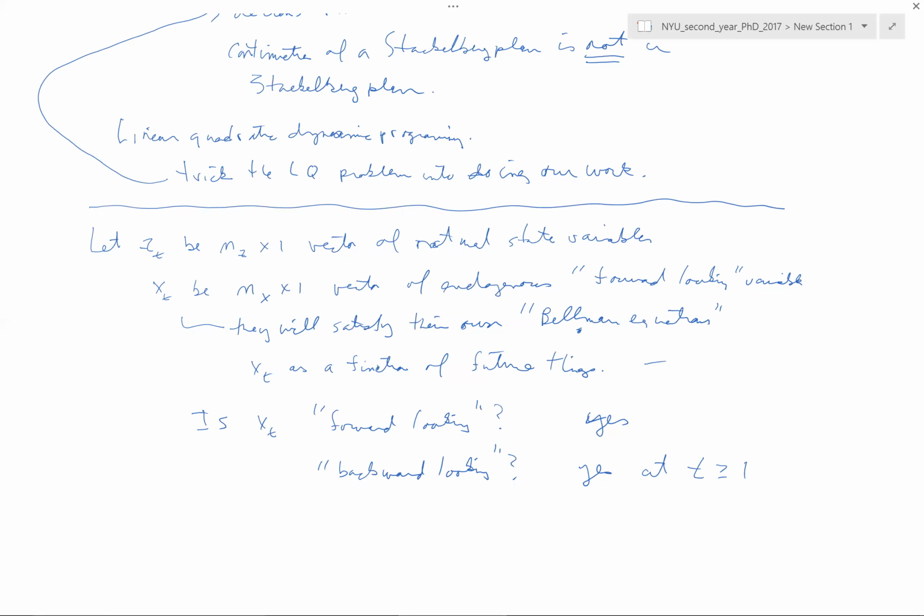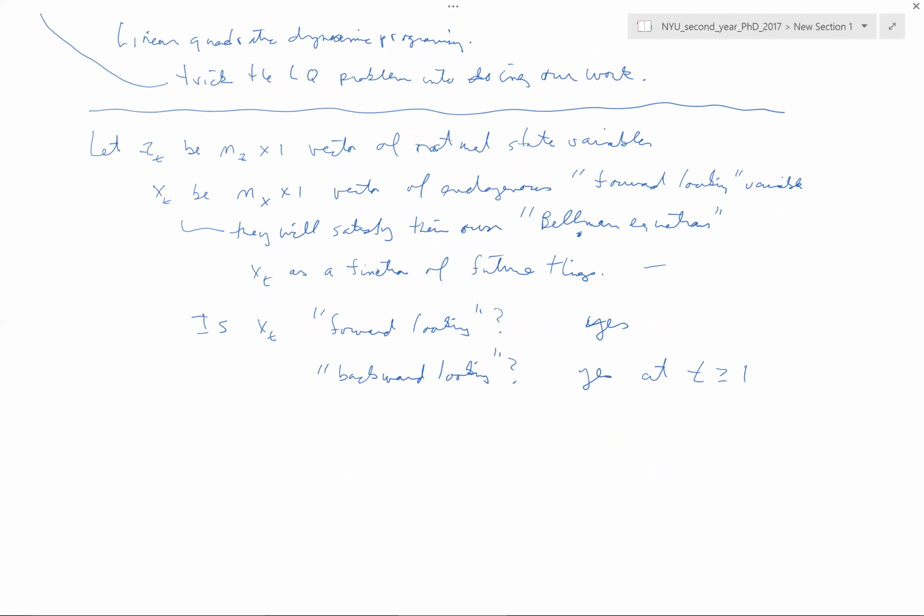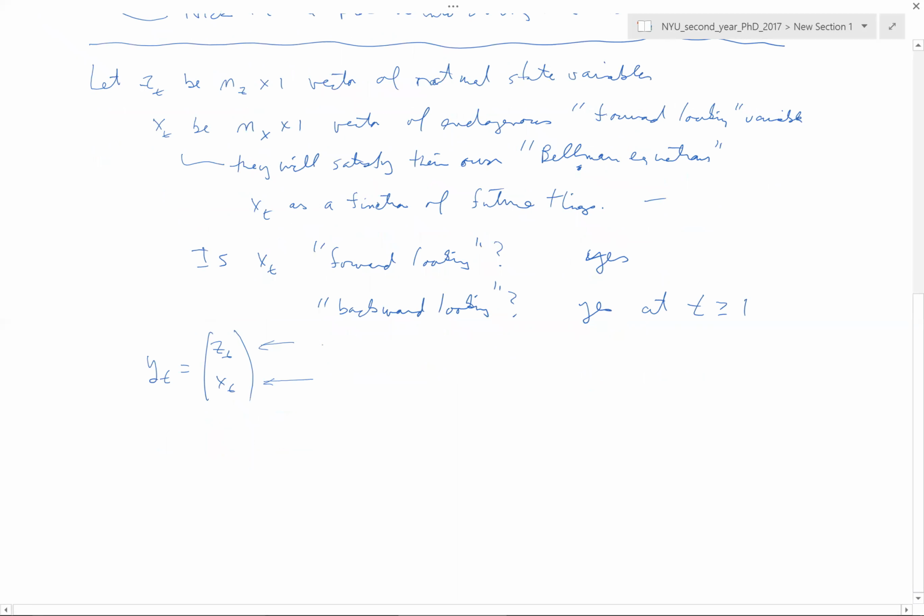Okay, so here's what we're going to do. We're going to start the trickery. We're going to let y_t equal z_t, x_t. We're just going to stack these things. And we have to remember that z_t is a natural state variable and x_t are these things that are forward-looking.